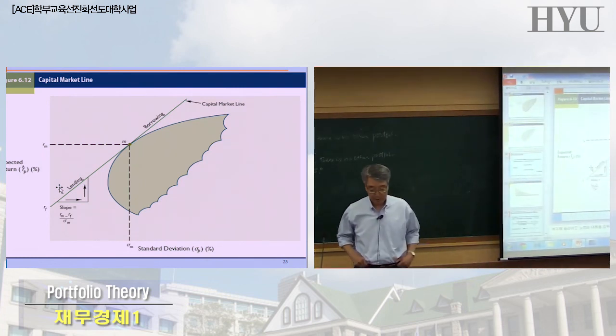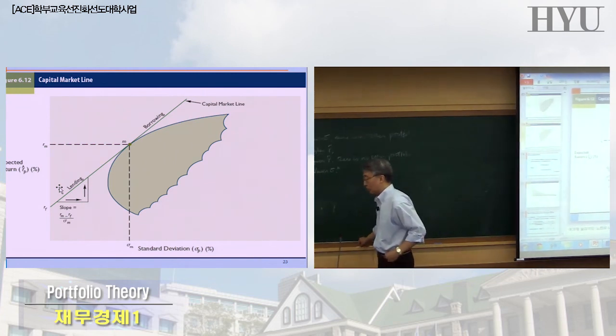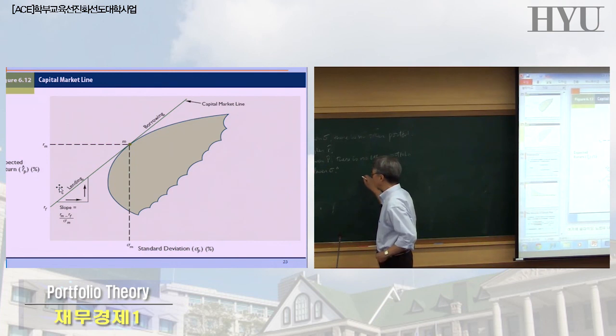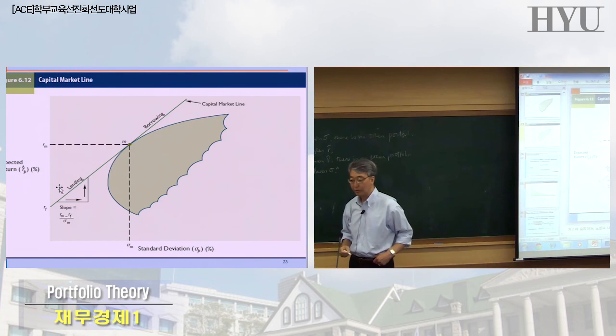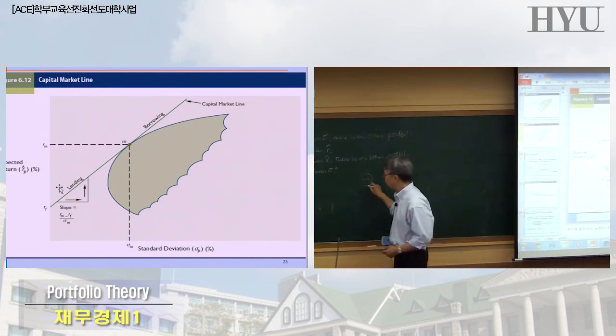But let's say you can find the shortest maturity Treasury bill or government bond, right? And let's say that's 6%. It's a little too high. That's 3%, okay? Currently, let's say the 3 months T-bill pays 3%, right? Then we call that RF, the risk-free return, right?